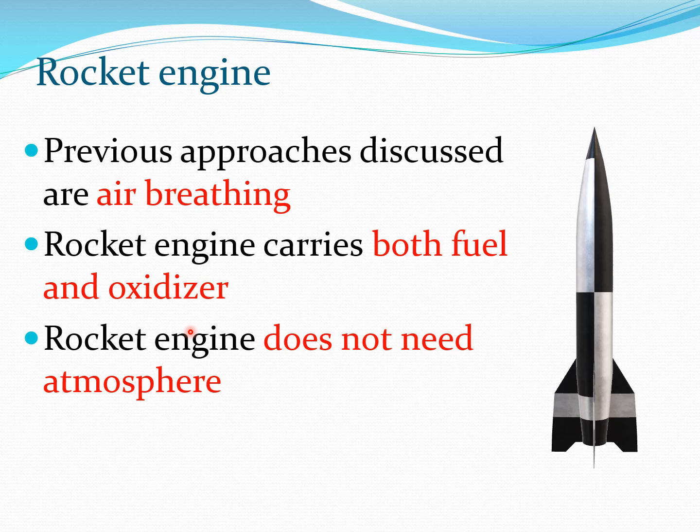So when we are in the atmosphere, we can think of oxygen as being the atmosphere. So that's coming from outside. You don't need to carry it, and you only need to carry the fuel. And so rocket engines essentially do not need atmosphere, so the design of rocket engines is different and therefore they do not have any access to oxygen.